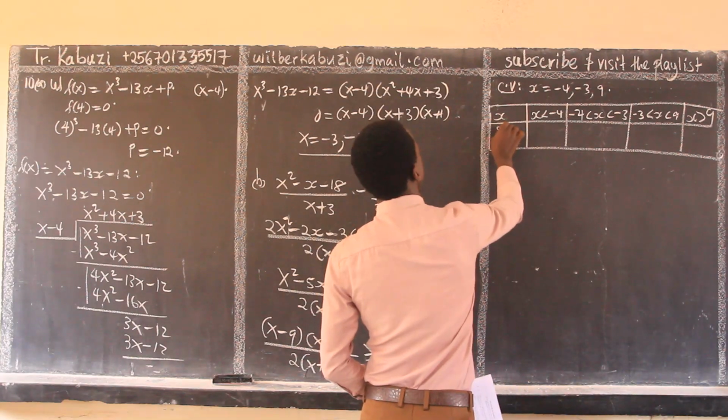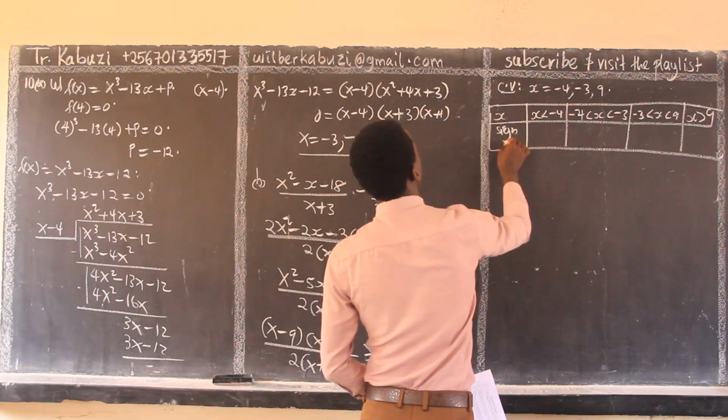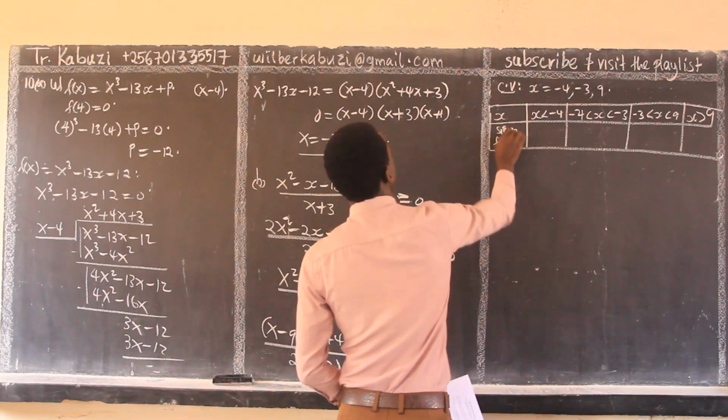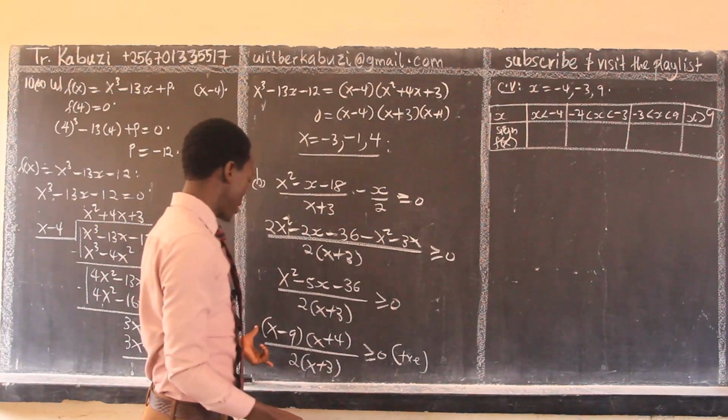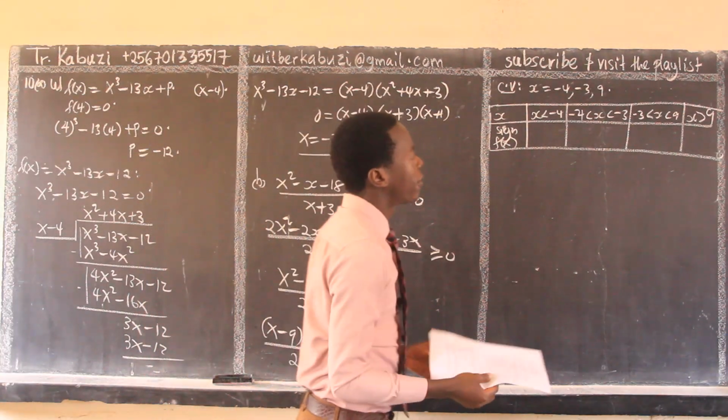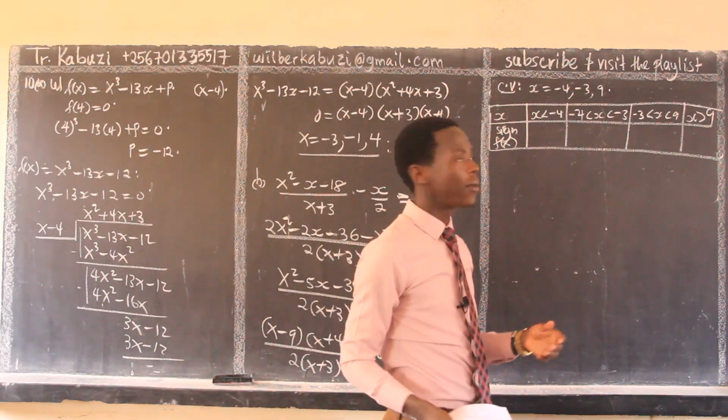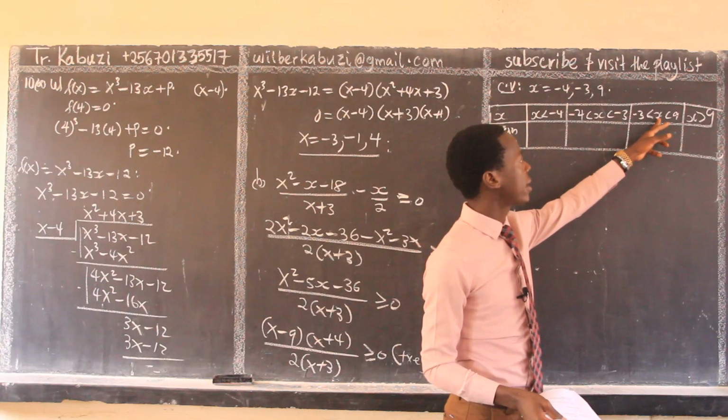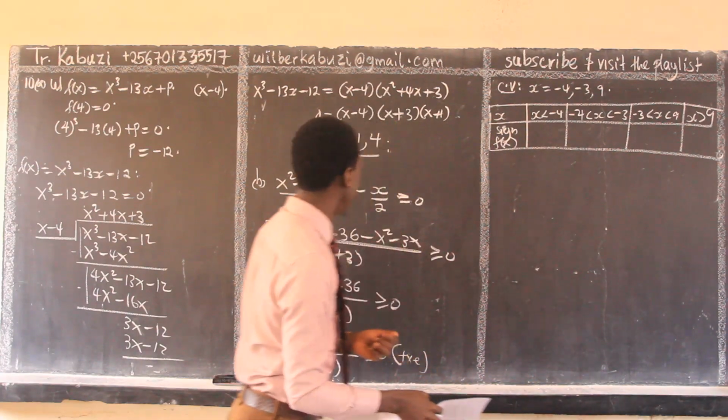We are looking for the sign of our function. Which function? This function here. So look for the easiest range where we have 0. So 0 is in this range. When I put here 0, I want to see which sign it is.